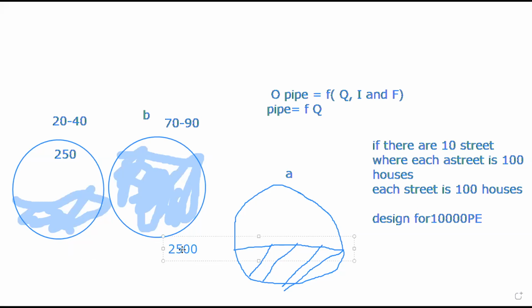I don't know if that's making sense. I think based on the code which says 70 to 90%, that means that B is a more acceptable design. Yeah, that's just the point.